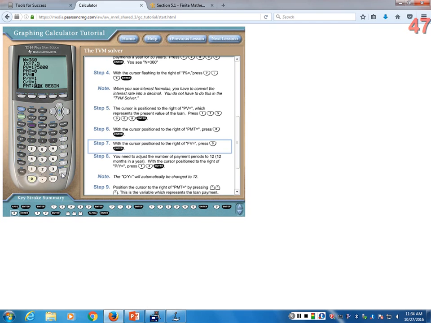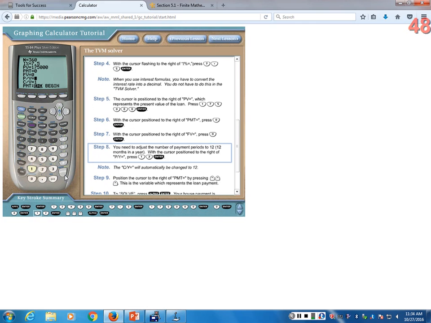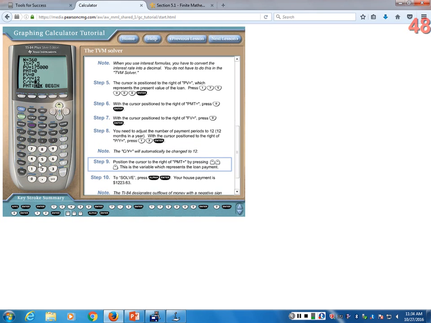And the future value, we don't know what that is either, so we leave that as a 0. Your number of compoundings per year and your number of payments per year, that's going to be 12. And C/Y is going to be the same.